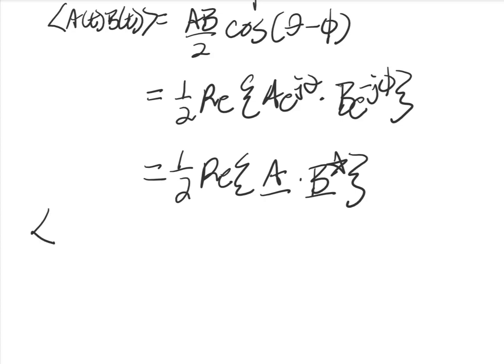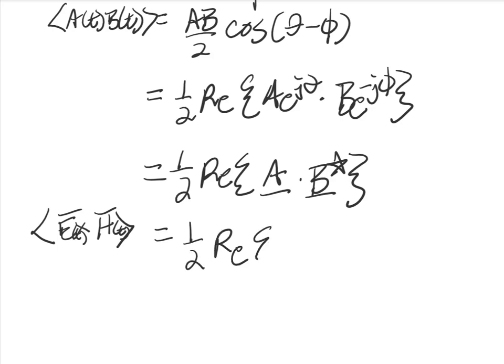Now, if we're doing something like E cross H, and these are time-varying sinusoids, we can actually use this very same thing. We go 1/2 the real part of E phasor cross H phasor conjugate.